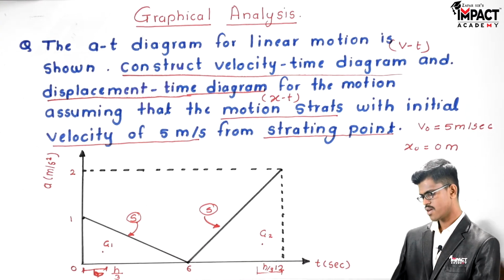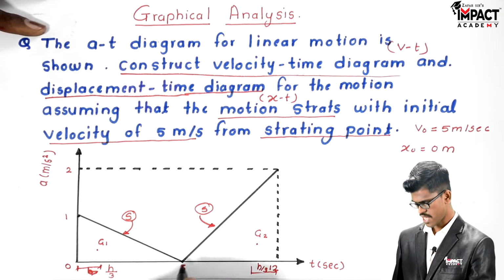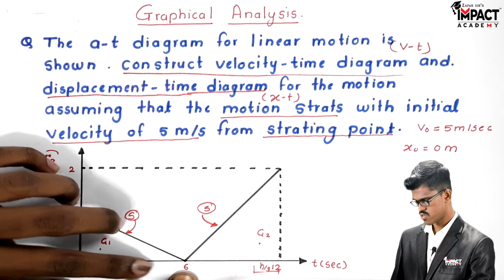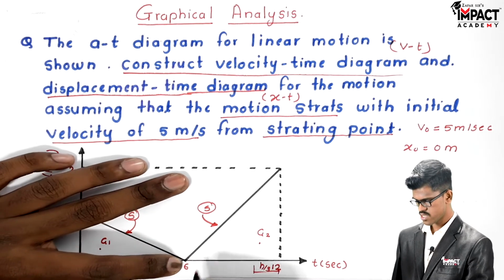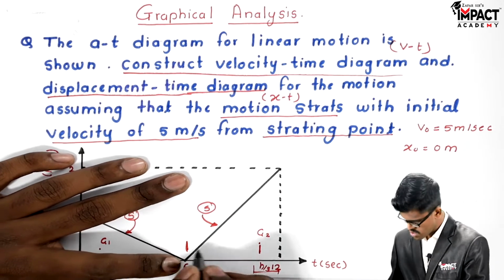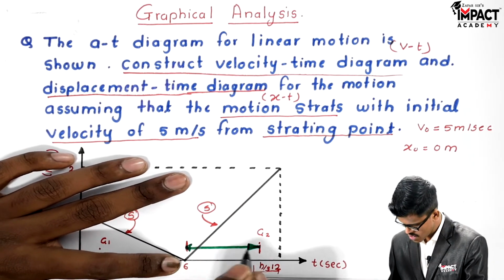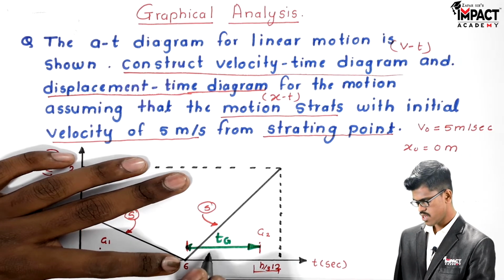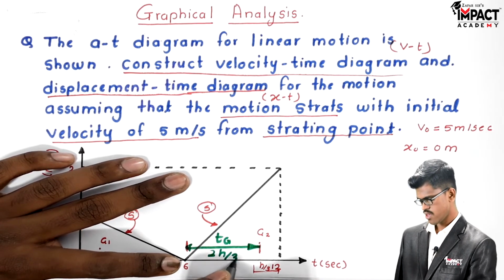But tg is actually measured from where we start the motion. We start the motion from 6, so we have to consider this much amount as tg, and the tg will be 2h by 3.